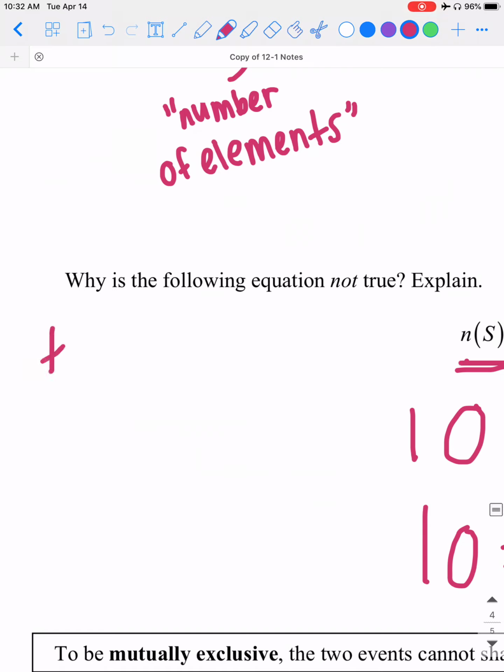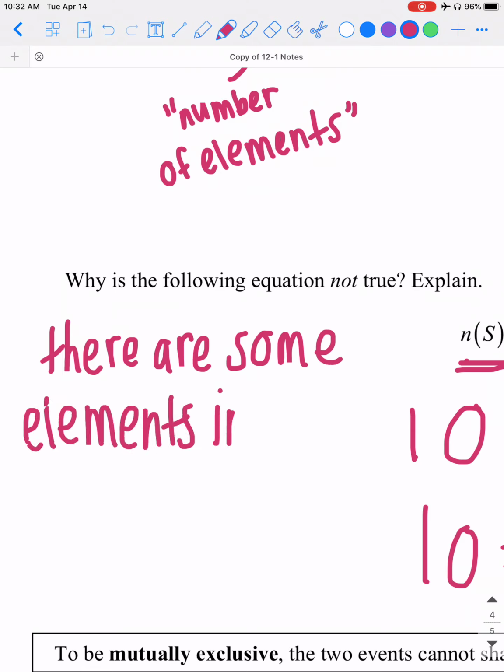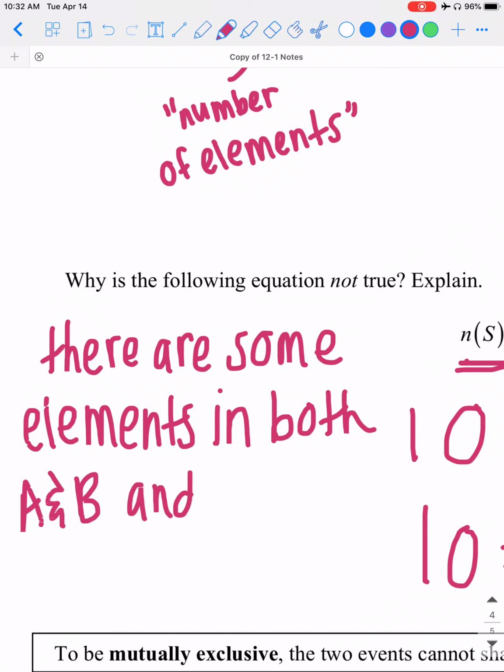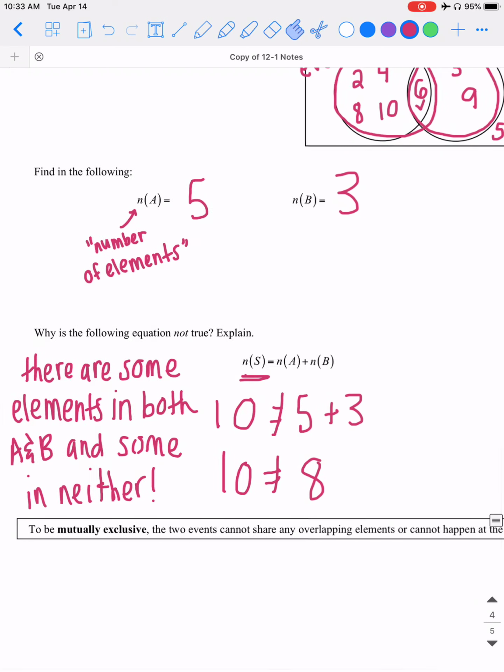Well, there are some elements in both sets, in both A and B, right? The number 6, and some in neither. Like on the outside, we had 5, 7, and 1. So our sets A and B don't really represent the entire sample space.